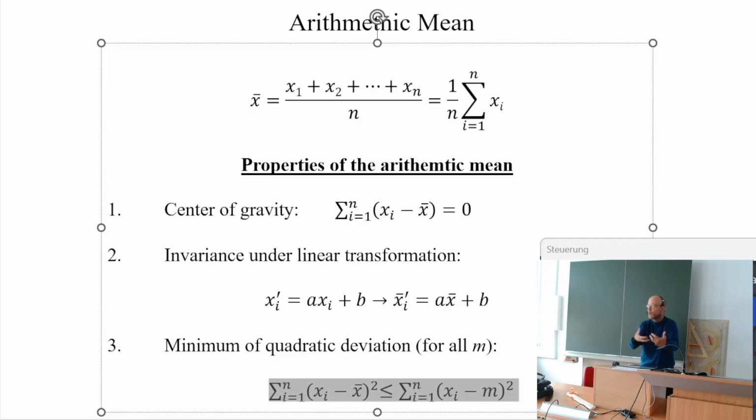So this we would call a good property. Well, there is of course no reason that we always have to choose the arithmetic mean. But we want to describe our distribution with this number, and therefore we can think of what properties my representative should have, and this seems to be a nice property.